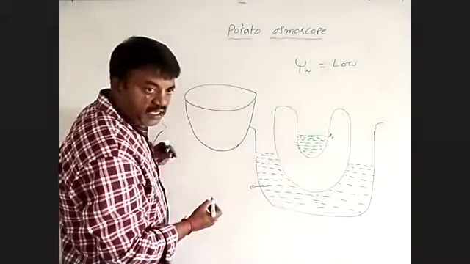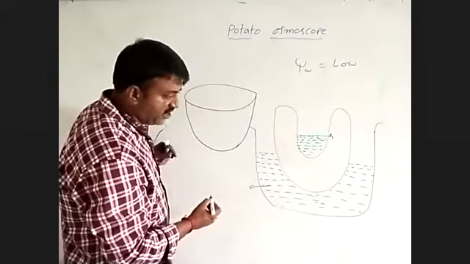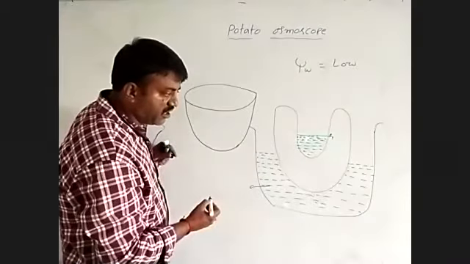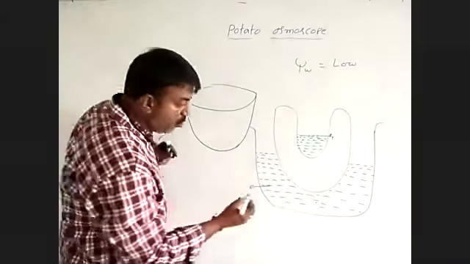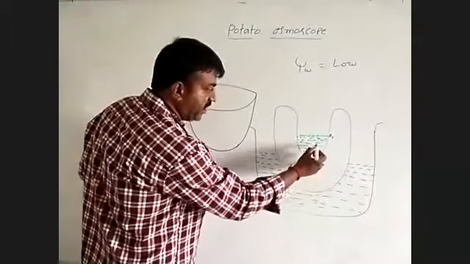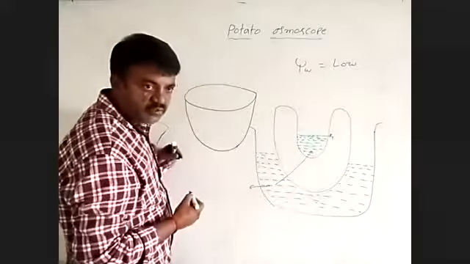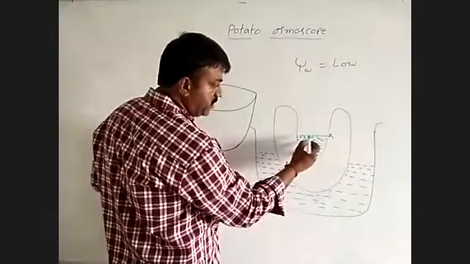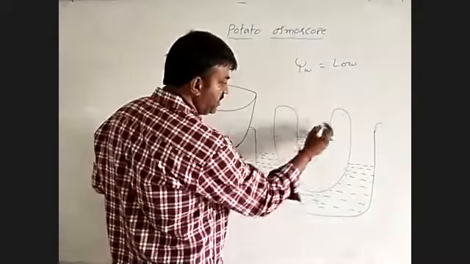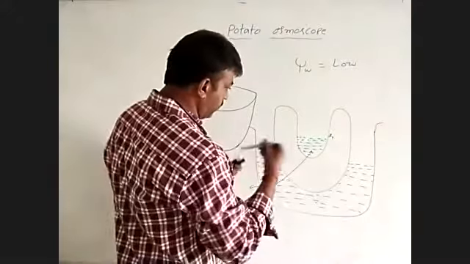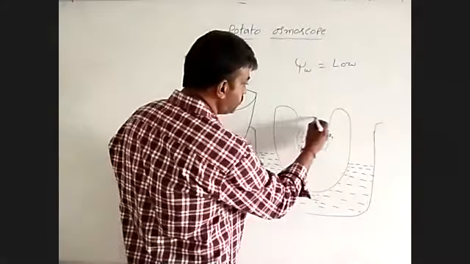According to the concentration gradient of water, listen carefully, water moves from the beaker into the cavity of the potato osmoscope. Gradually the sucrose solution or salt solution increases in the potato tuber, right?